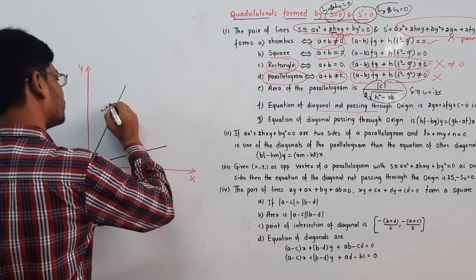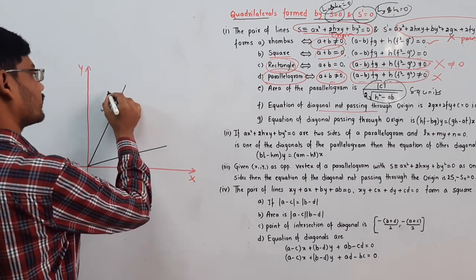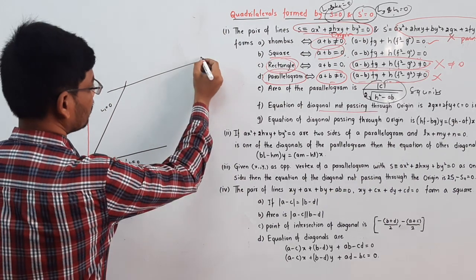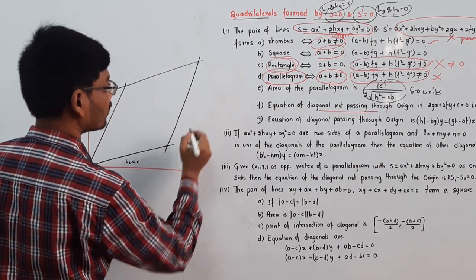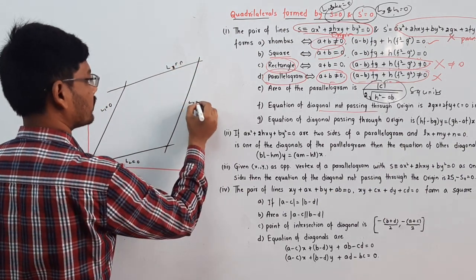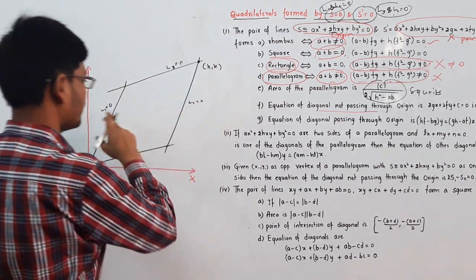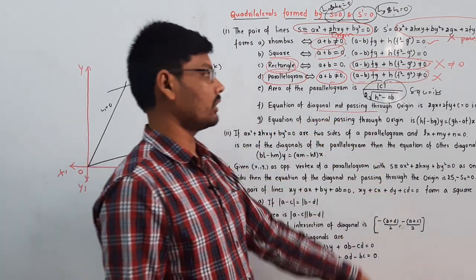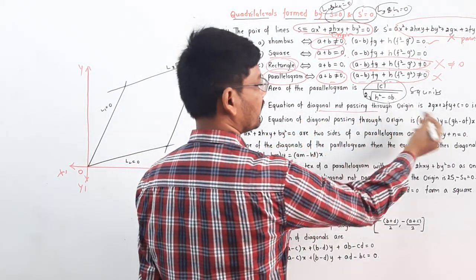This is L1 equal to 0 and this is L2 equal to 0, and the intersection of L3 equal to 0 and L4 equal to 0 is the point of intersection h comma k. It is framing a parallelogram. For example, I am taking the equation of a diagonal not passing through origin.